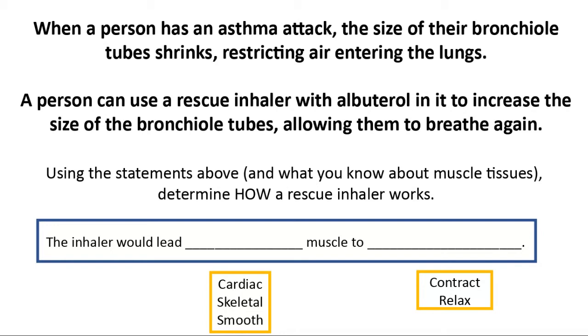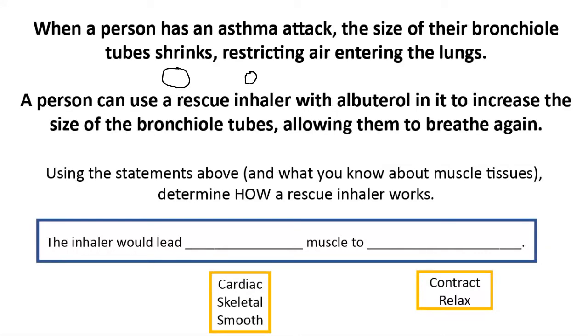But when we talk about an asthma attack, what's happening is the little airways in the lungs, called the bronchial tubes, are getting smaller. The amount of space for air to get into the lungs is actually shrinking. This is because one of our types of muscle tissue is contracting, making the size of our normal bronchial tube a whole lot smaller.